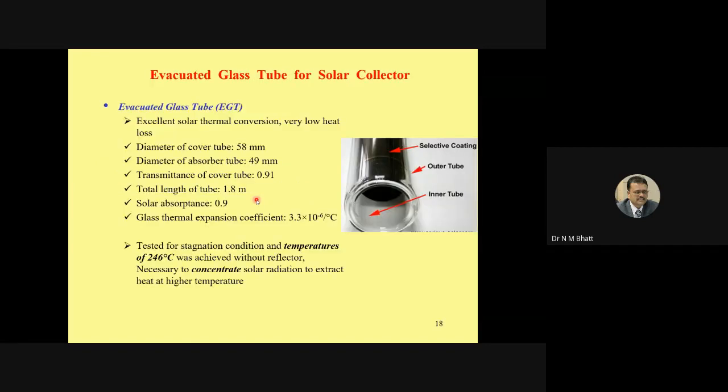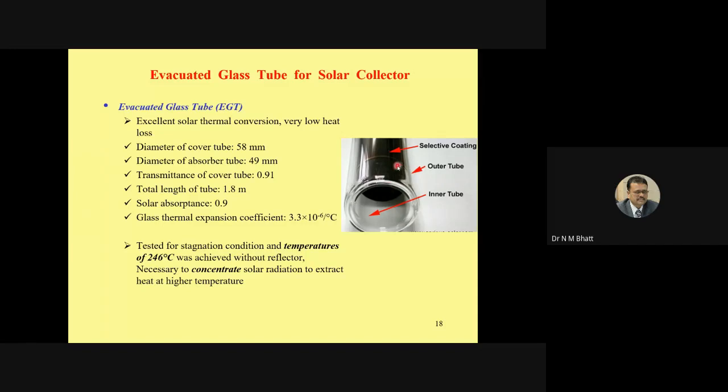This is basically one of the main elements of the evacuated glass tube based solar collector. Those who have some interest in solar energy or solar thermal systems must be familiar with the commercially available double wall Dewar type evacuated glass tube.